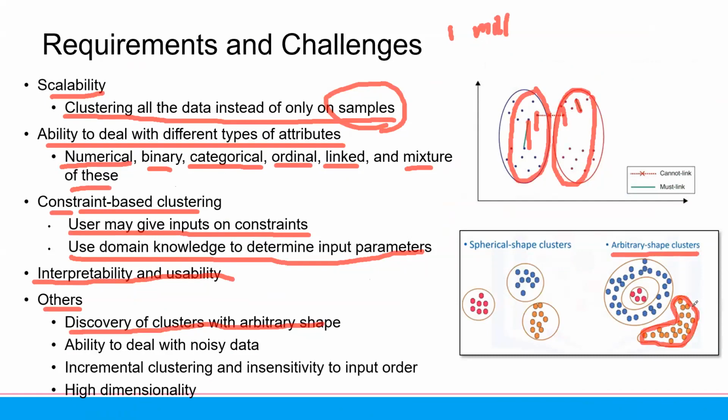It is difficult to explain, but it may happen. And how do we deal with noisy data, do incremental clustering and insensitivity to input order, and do clustering with high dimensionality? High dimensionality means many attributes. So those are the challenges.